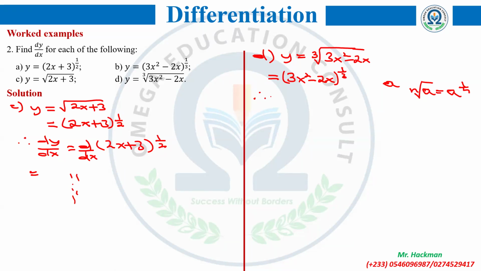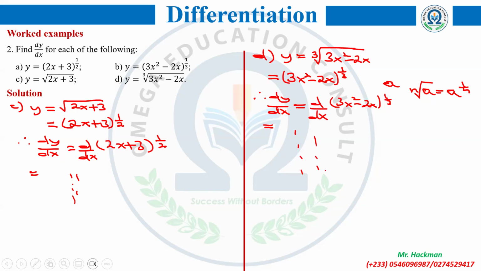So now you have dy dx will be equal to d dx of what? Your 3x squared minus 2x, all to the power 1 on 3. So at this point, the solution becomes the same as what? The B. So you continue.